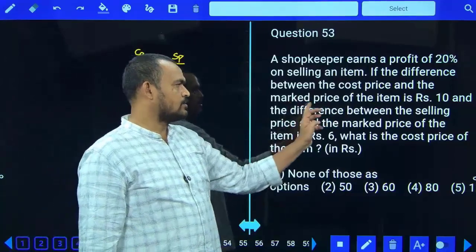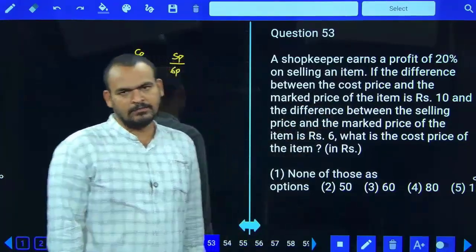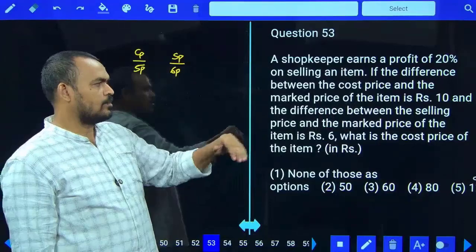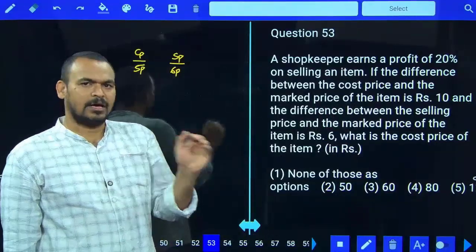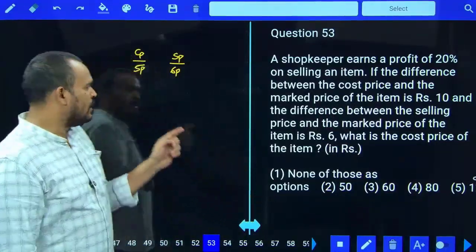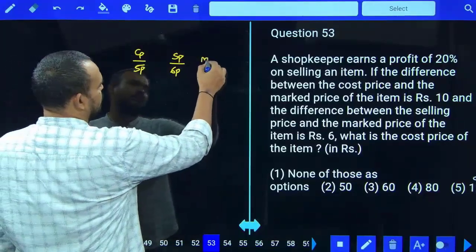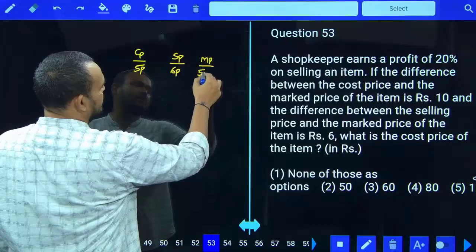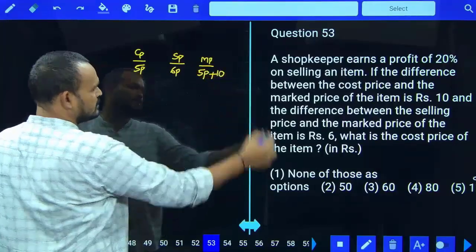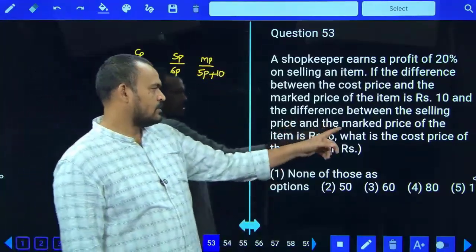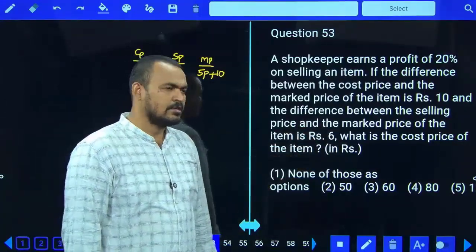And the difference between cost price and market price of the item is 10. And here, the difference between market price and cost price means market price is always more than the cost price. Already cost price is how many parts? 5 parts. Then market price is 5 parts plus 10. Next, the difference between the selling price and market price of the item is 6.